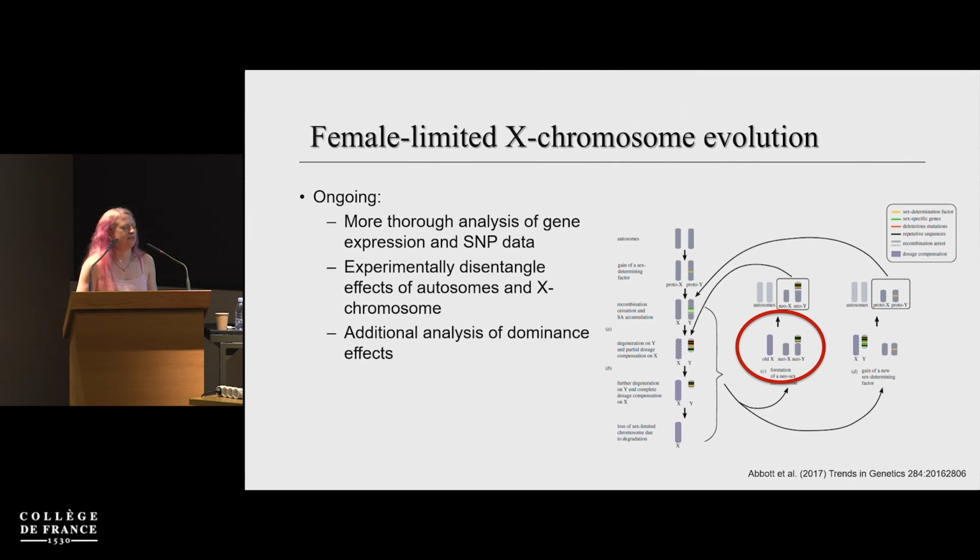And we're basically saving up all of our dominance data for a big dominance paper where we want to maybe try to see if we can see any overall patterns in which types of traits show patterns of dominance versus additivity, and if these would align with our expectations as to what things should be under sex-specific selection or not.